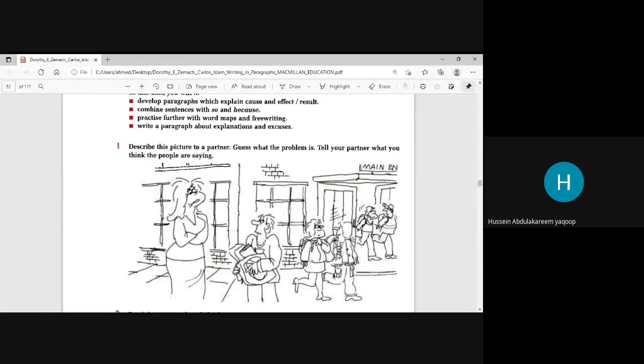Now I will listen to your ideas, and if you are interested in participating and to tell us what you can find in this cartoon, please raise your hand. Raise your hand if you want to participate.